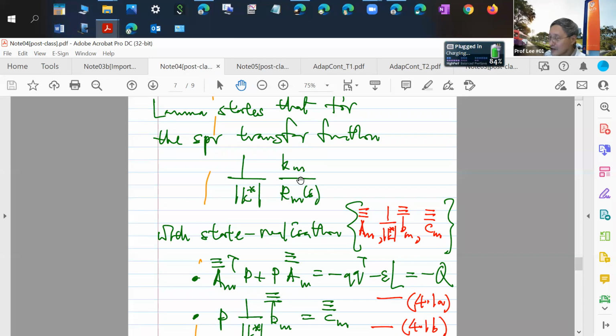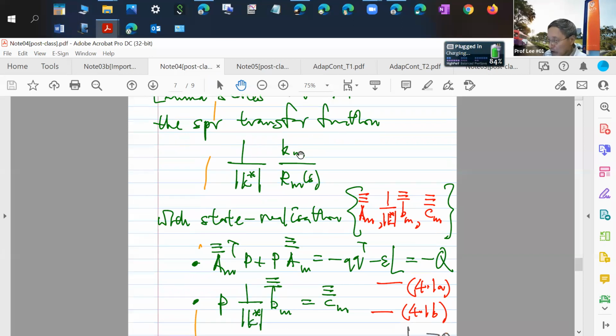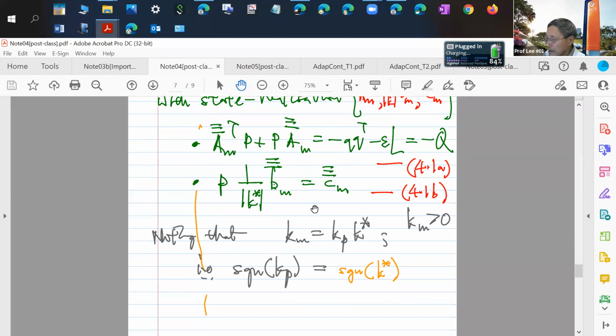So KM will be a positive number. If you choose KM to be a positive number, which you will, then since KM equals KP K star, whatever is the sign of KP will also be the sign of K star, because KM is positive. If KP is positive, K star has to be positive.